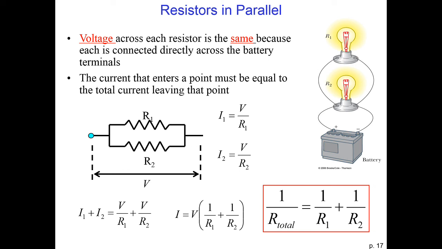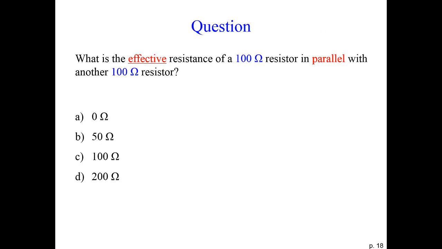Remember, in parallel we have split the flow of our current, so some of the current goes through one and some of the current goes through the other. You notice if we have two resistors, one is small and the other is large, then the two resistors in parallel will act just like the low resistance resistor, since all of the current will flow through the lower resistance resistor.